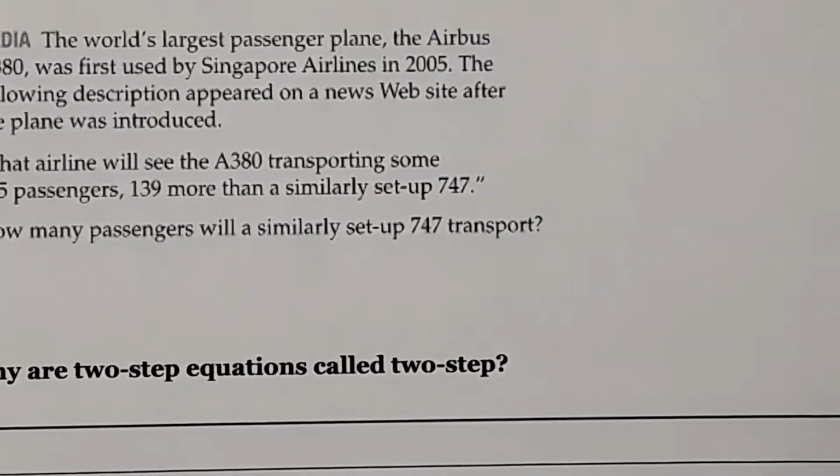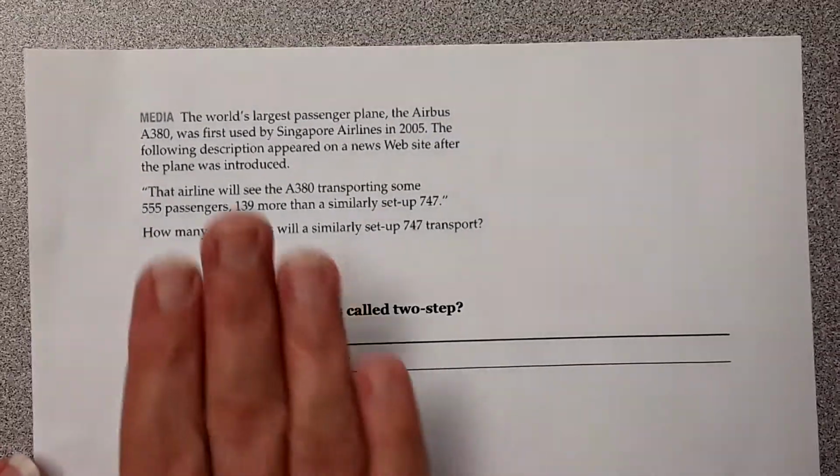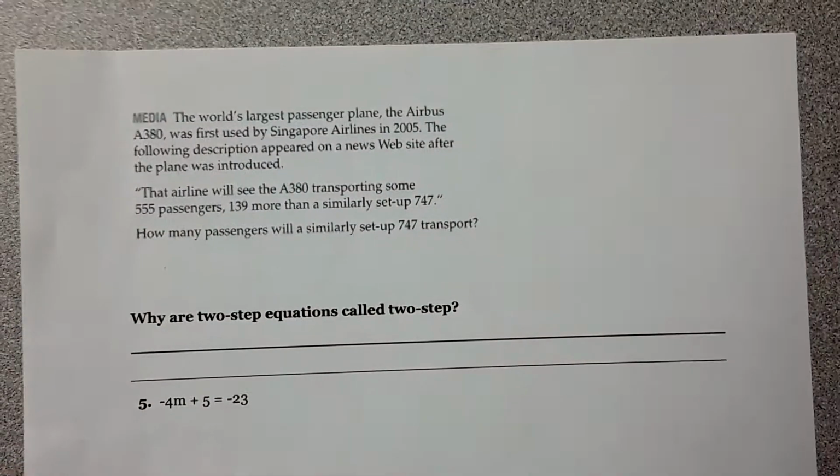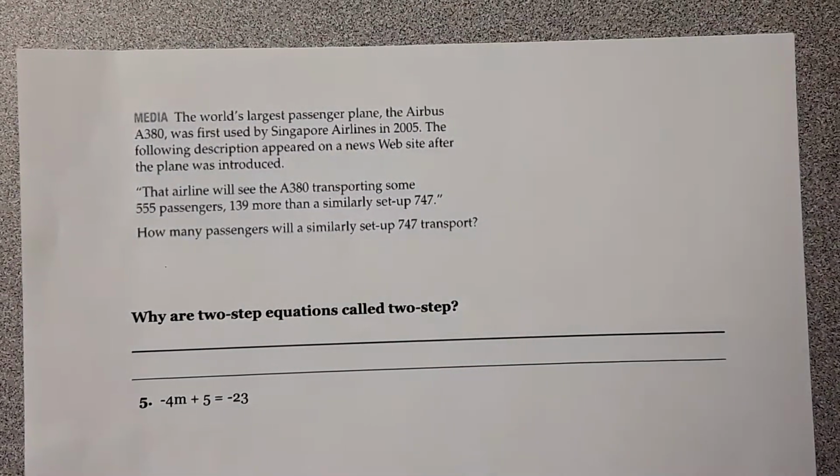Okay. Now what I did is we have a word problem. We're going to set up an equation, and then we are going to solve it. The world's largest passenger plane, the Airbus A380, was first used by Singapore Airlines in 2005.